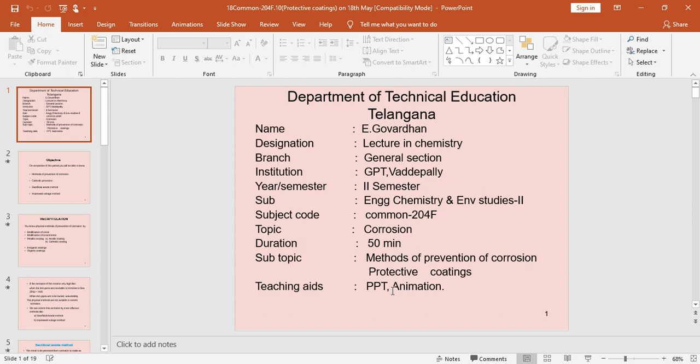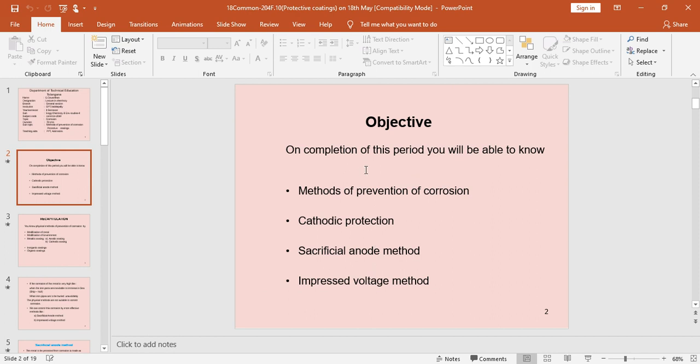Objectives: on completion of this period, you will be able to know methods of prevention of corrosion: cathodic protection, sacrificial anode method, and also impressed voltage method.